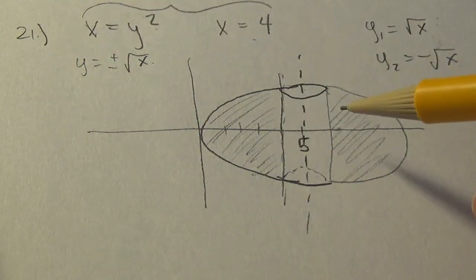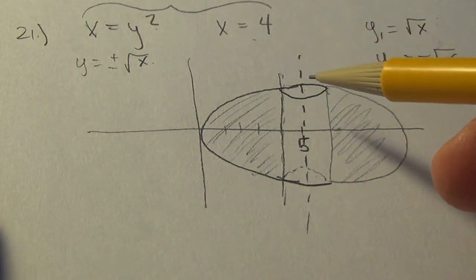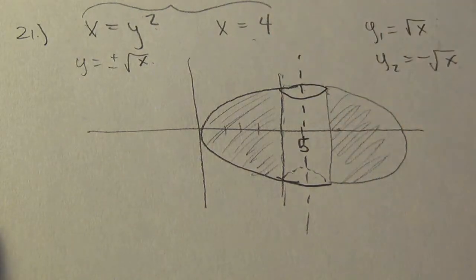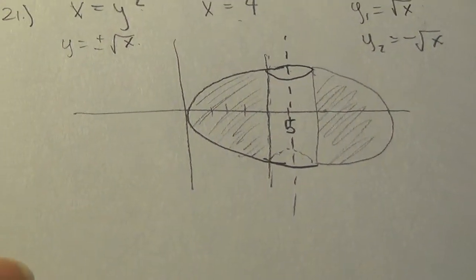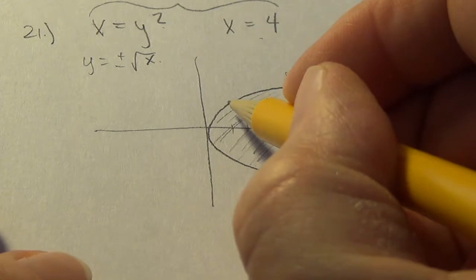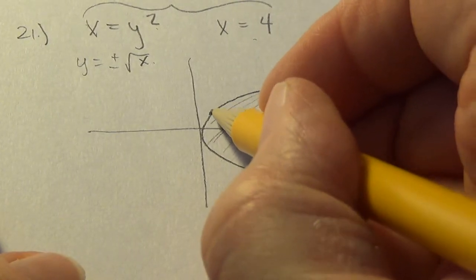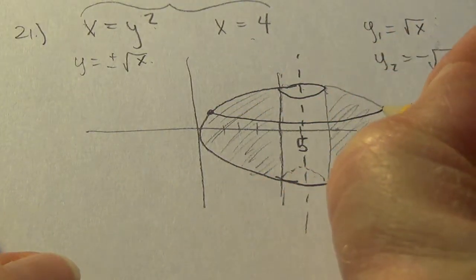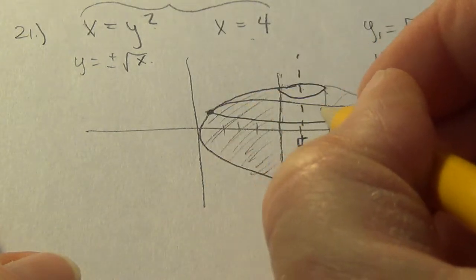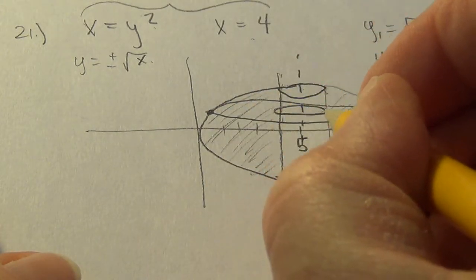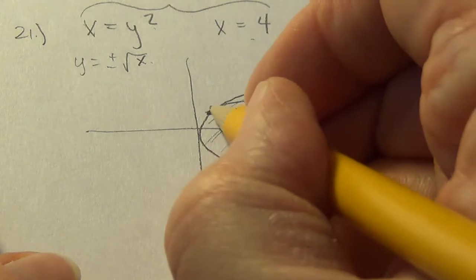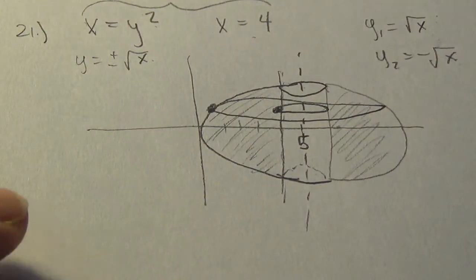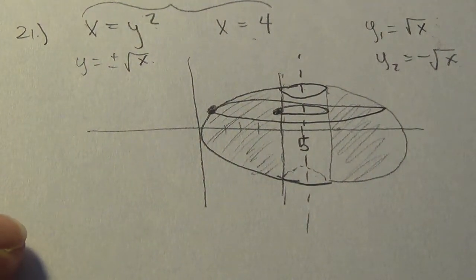When we revolve around y equals some value, the disks pile up in the x direction. So did you draw one? I'm going to draw this one, and that's the outer, and this is the inner part.